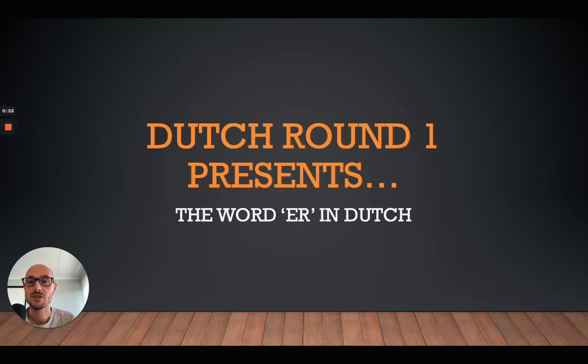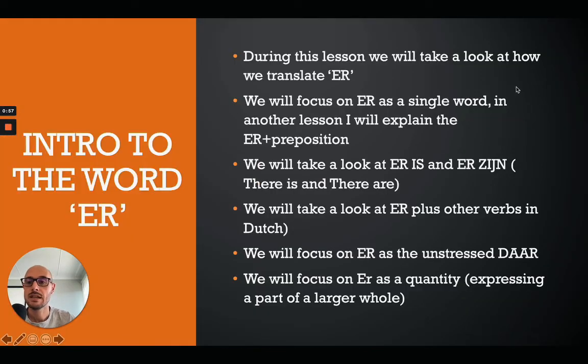But without much further ado, let's go straight for the grammar. Now, the introduction. So during this lesson, we will take a look at how we translate "er". We will focus on "er" as a single word. So sometimes in Dutch you will see "ermee", "ervoor", "erbij". I'm not going to focus on this right now. The preposition grammar will be taught in another video.